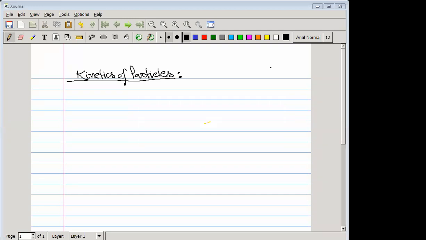In the previous lecture, we have already shown you what kinematics is and the difference between kinematics and kinetics. So today, the new chapter is the kinetics of particle. Along with the motion of the particle, we also have to consider the force applied on any particle.